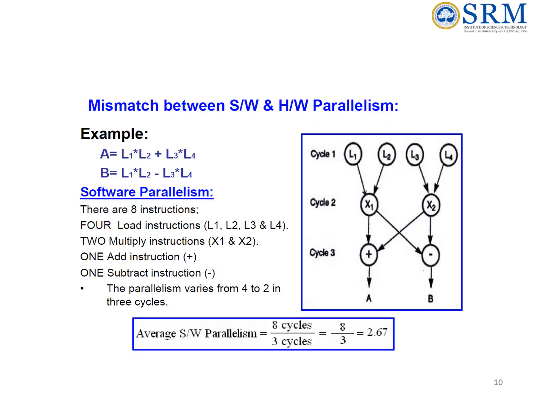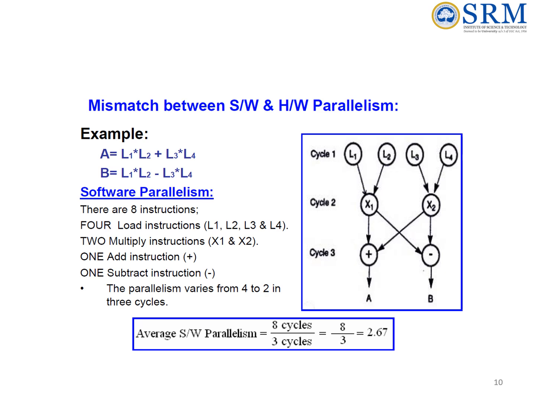So now, the mismatch between software and hardware parallelism. An example: A is L1 times L2 plus L3 times L4, B is L1 times L2 minus L3 times L4. So in software parallelism, there are four load instructions L1, L2, L3, and L4, two multiplication operations X1 and X2, one add instruction plus, and one subtraction instruction minus.